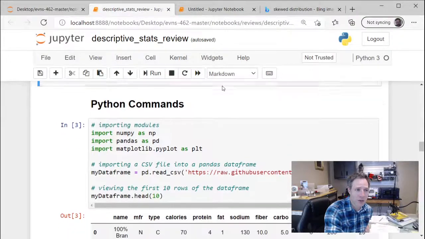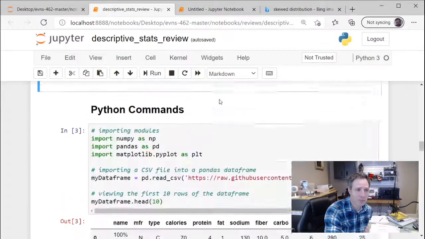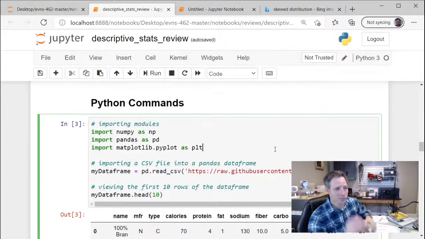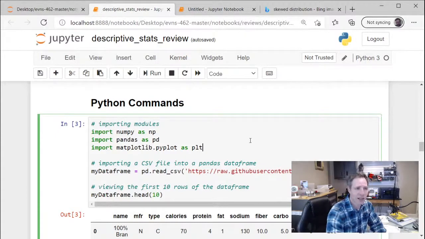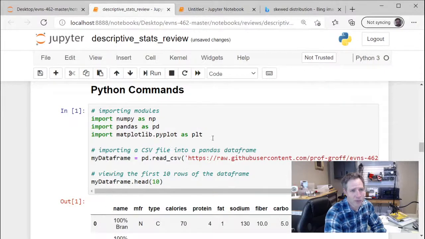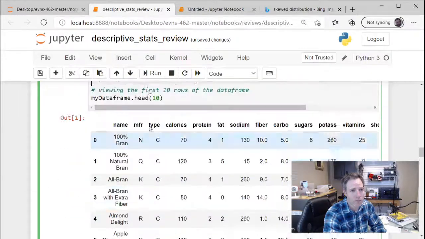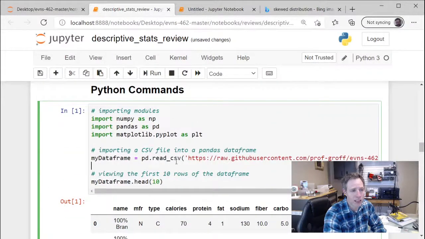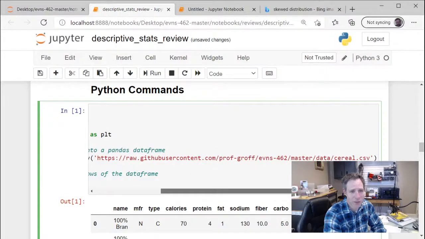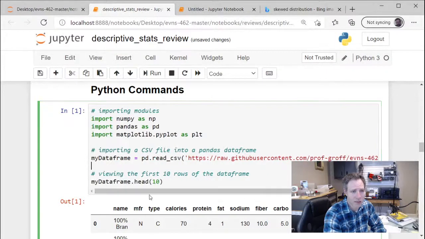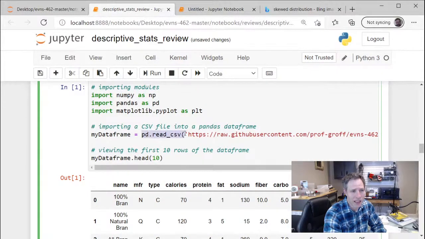Okay, so back here, let's take a look at some Python commands that I'd like you to be able to work with. All right, so I'm pulling in a data set. This is a data set about cereals. It's posted on my GitHub, and so I'm reading in a CSV file.